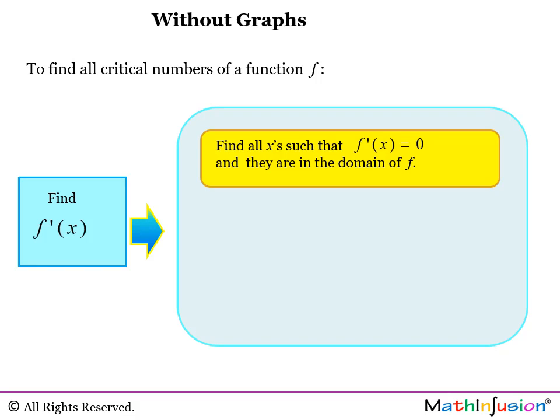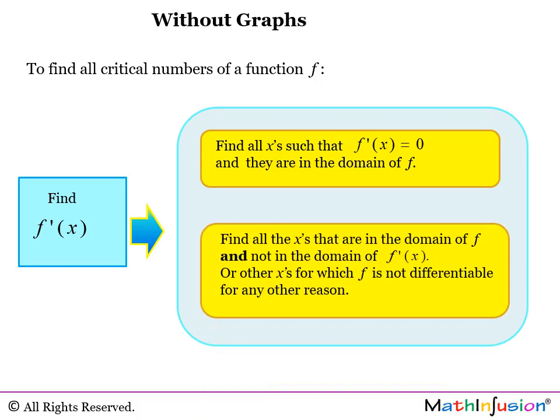This is very important. Now the other kind, which is more complicated, we have to find all the numbers that are in the domain of the function and not in the domain of the derivative, or all other numbers for which f is not differentiable for any reason. And you know the reasons, because we discussed that before.